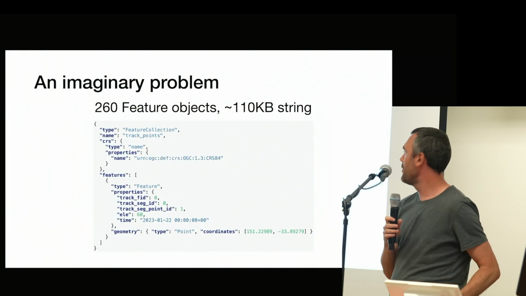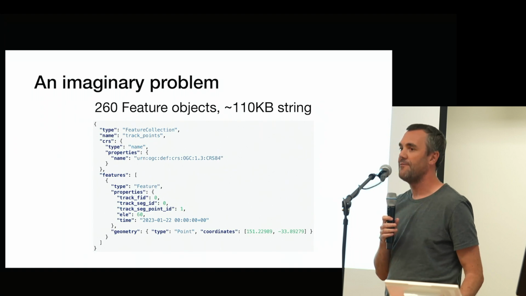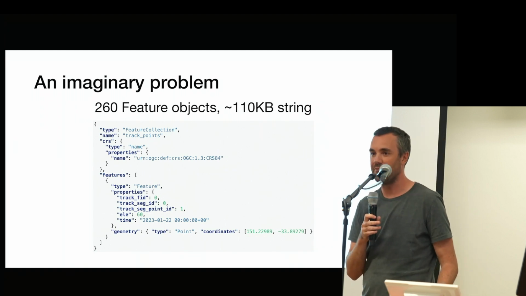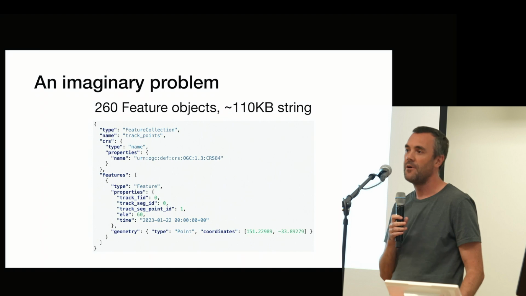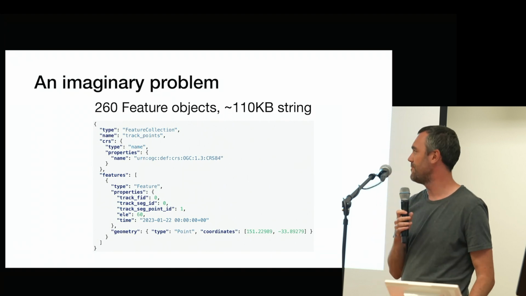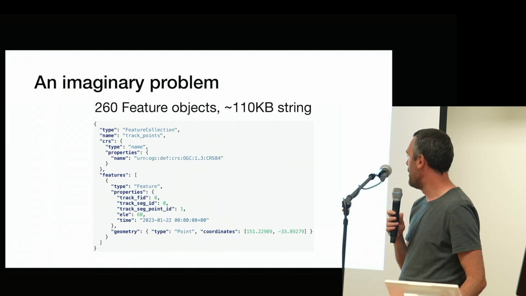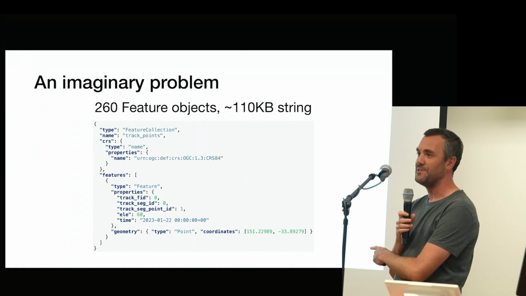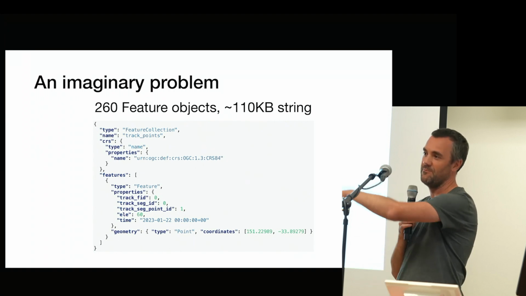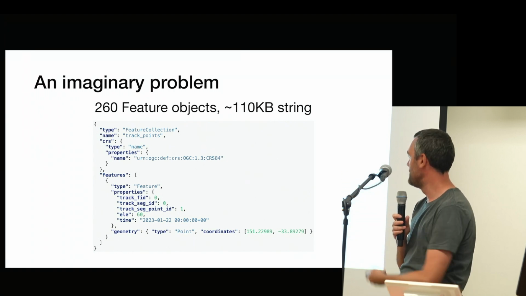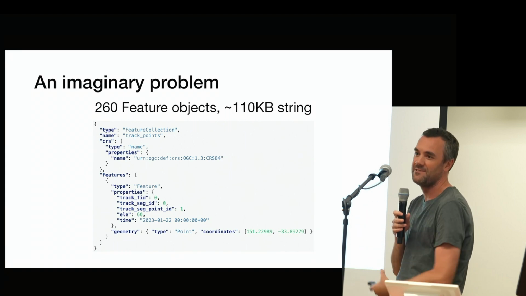Cool, so I was interested to see how fast is this, especially coming from a JVM startup world where you can sit for a very long time. So I took some data points from a running watch that went around Centennial, and there's about 260 of these kind of things.